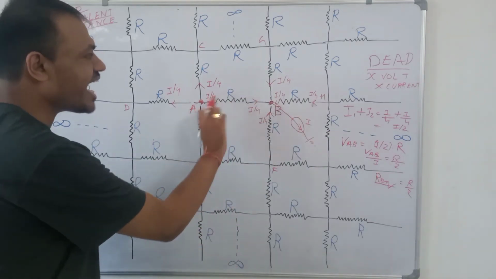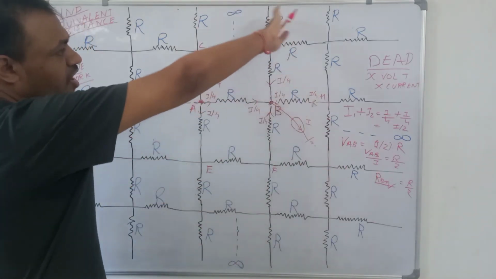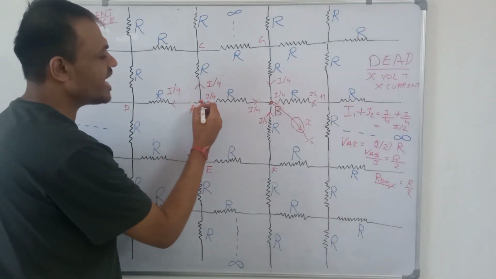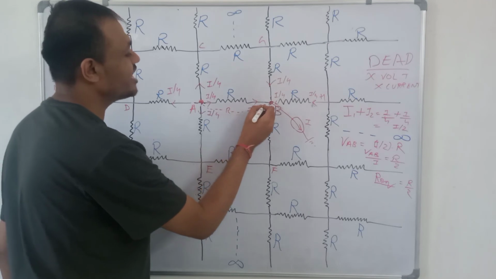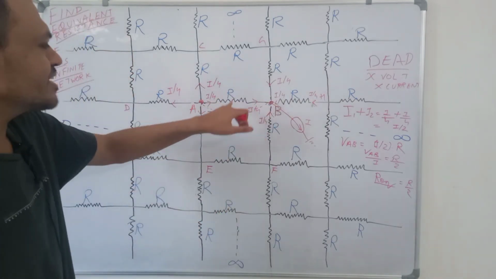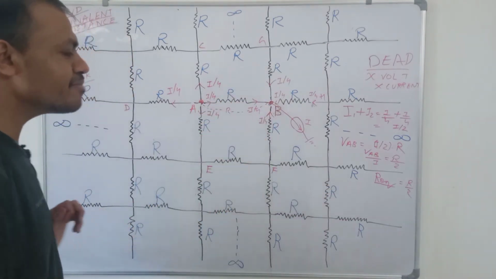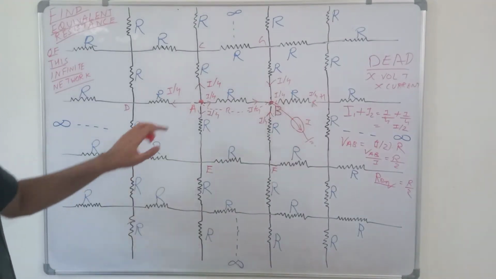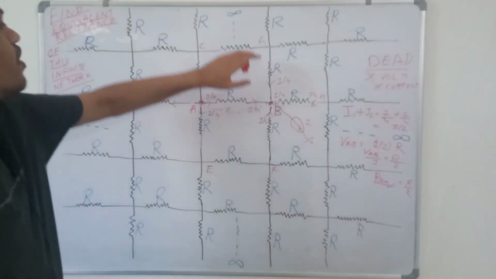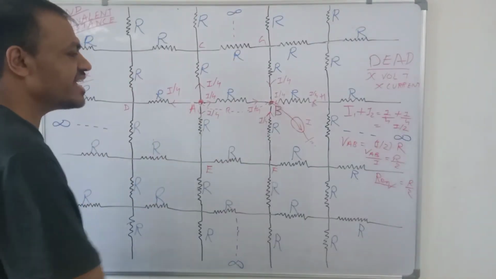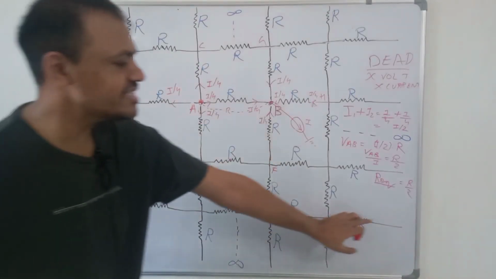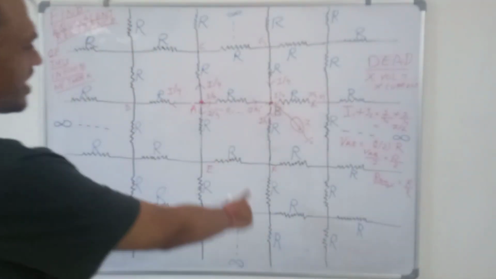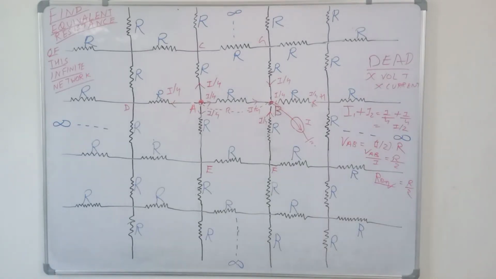So this resistance R and all these resistances can be replaced as a resistance R in parallel between A and B. So I hope you got this point, that this resistance R and all the rest of the resistance are acting as a parallel resistance R between A and B. So their combination is equal to R by 2. So the equivalent resistance between A and B is R by 2.